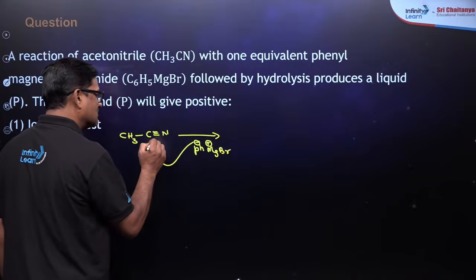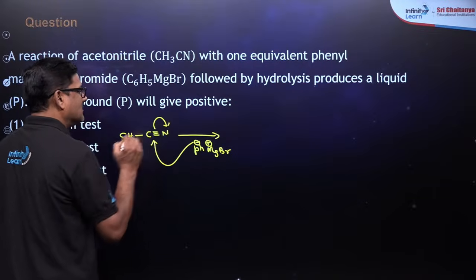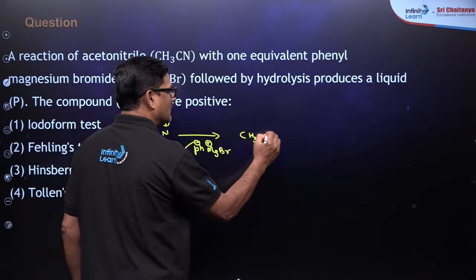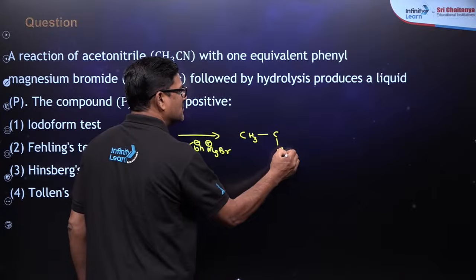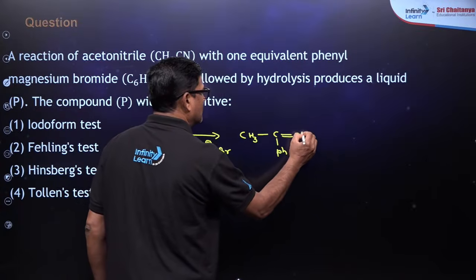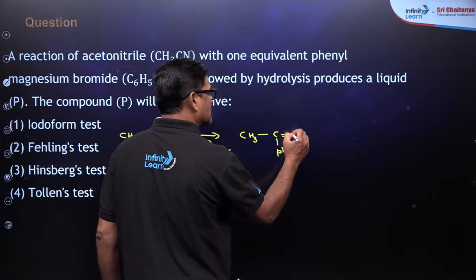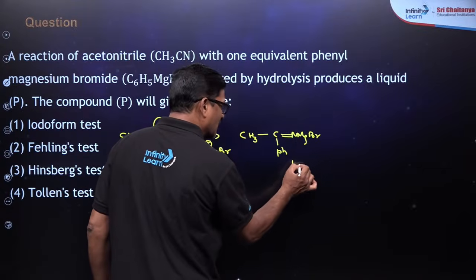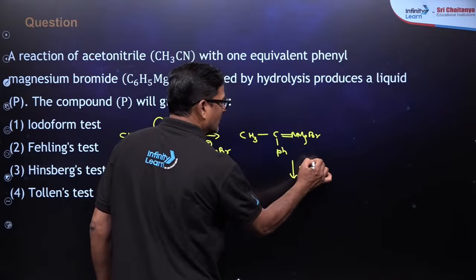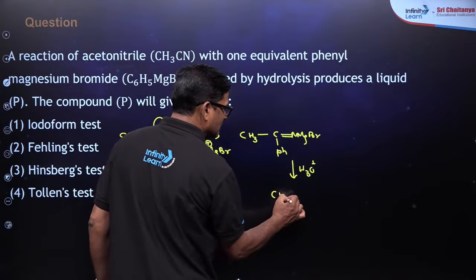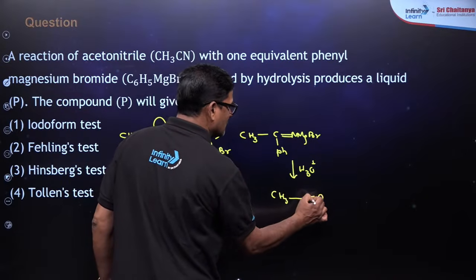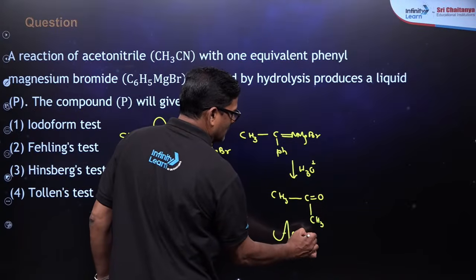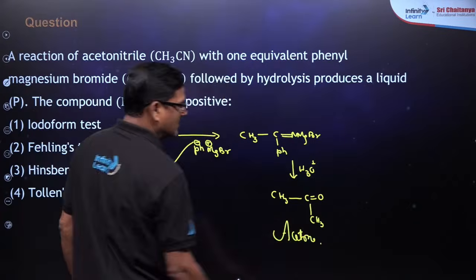This Grignard reagent is going to attack here, so that you will be getting CH3 C Ph double bond N MgBr. So this is going to be hydrolyzed. You are going to get CH3 C double bond O and Ph. This is your acetophenone, right?